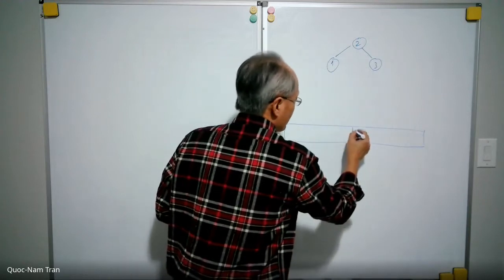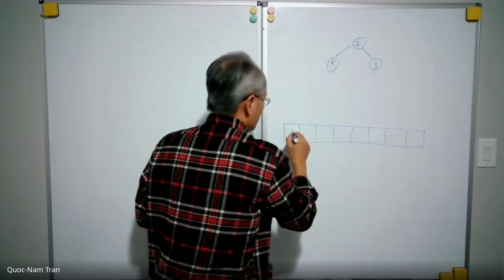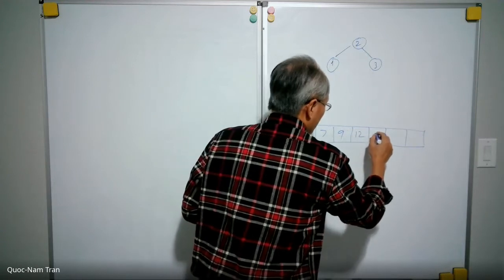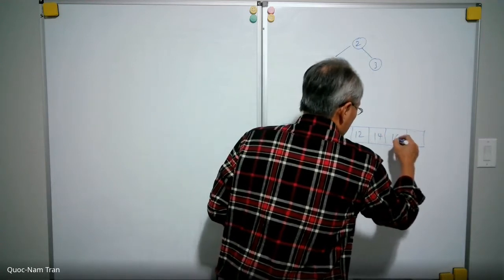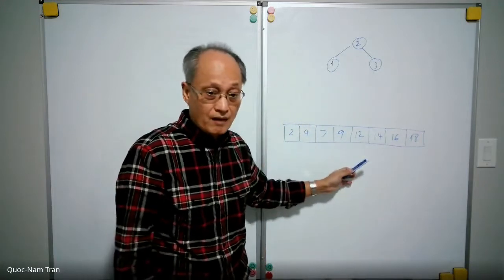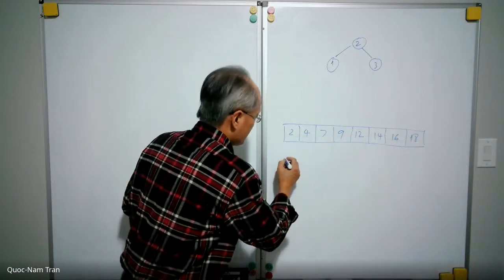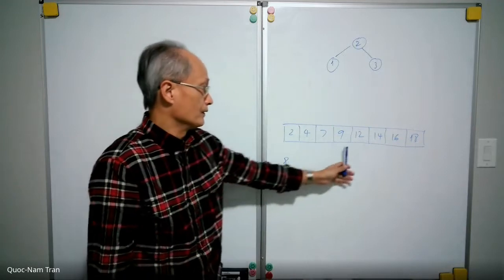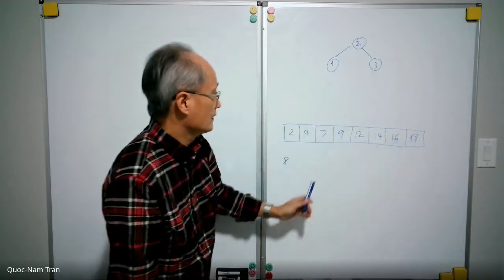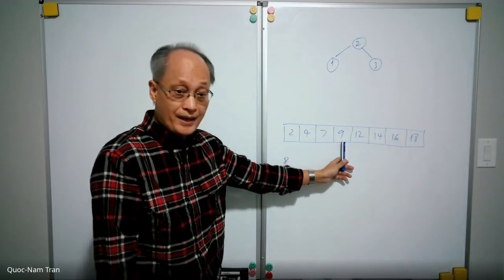Remember that when you learn about binary search, we use an array of numbers. For example, 2, 4, 7, 9, 12, 14, 16, 18. Binary search on an array means that if we want to search for 8, we jump to the middle and then compare.